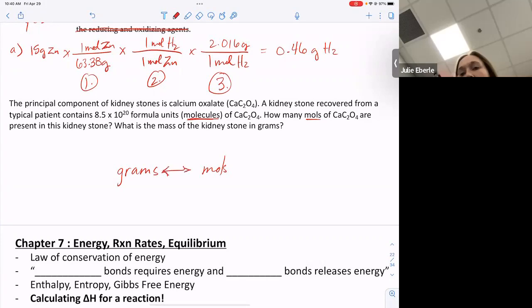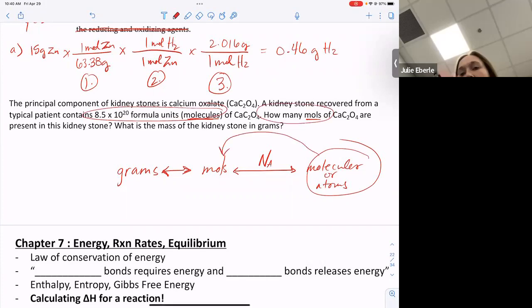We can go back and forth pretty easily, but to go to a number of molecules or atoms, you have to use Avogadro's number. And that's what you're doing here. It's giving you the number of molecules. That's where you start on this chart. And it's asking how many moles. So it's asking you to calculate that. So you have to use Avogadro's number.